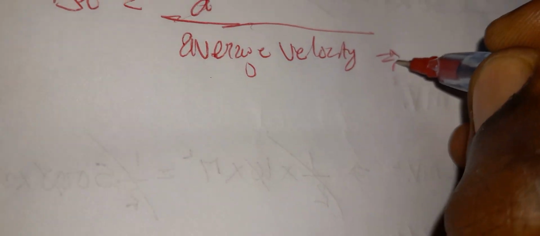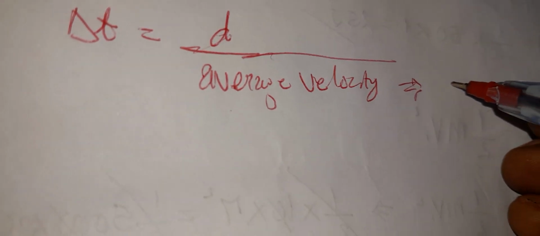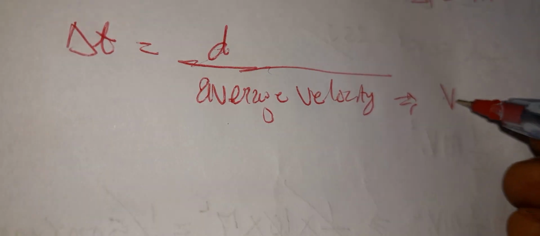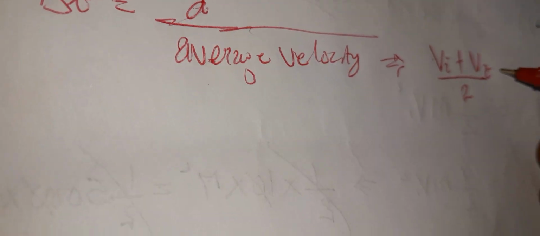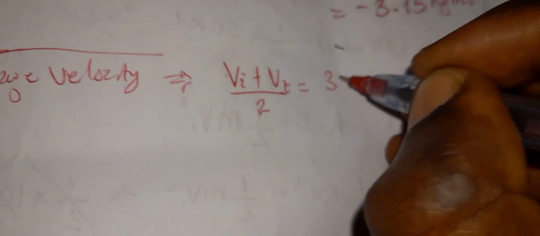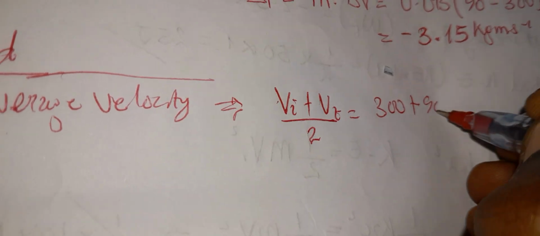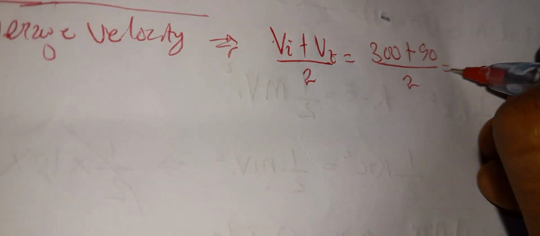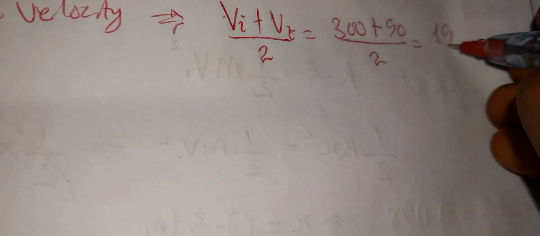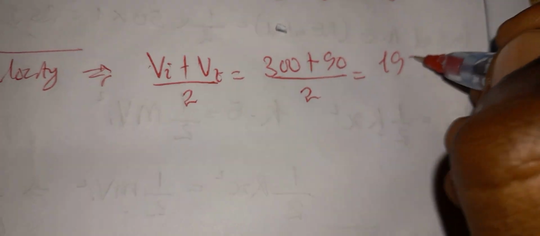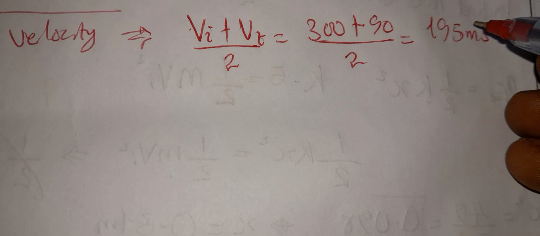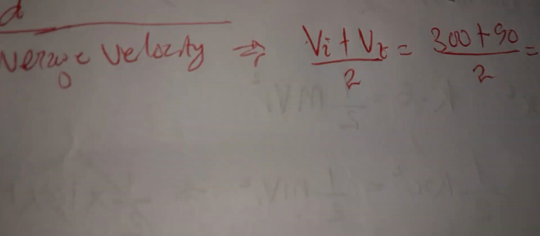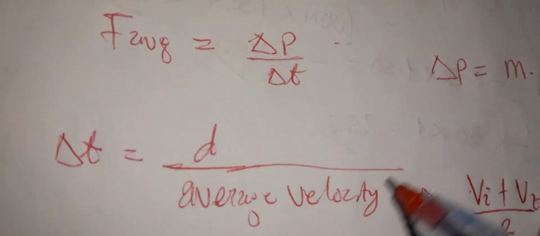Average velocity will be initial velocity plus final velocity over 2. That will be 300 plus 90 over 2, which is 195 meter per second.